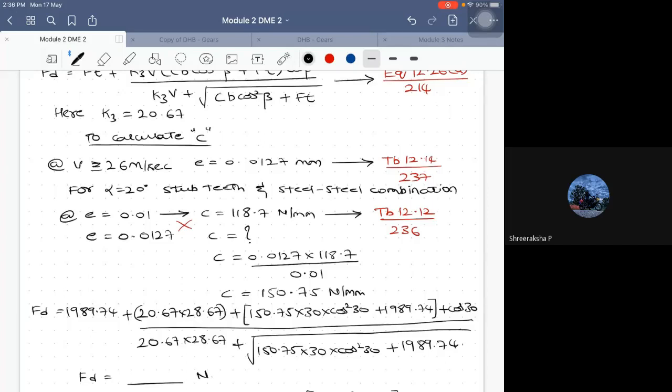Show me your notes, let's see what you have done. Sri Raksha. Sir. Yes. How much time do you need? Sri Raksha. Time is up. I cannot wait more. Where is this fellow?